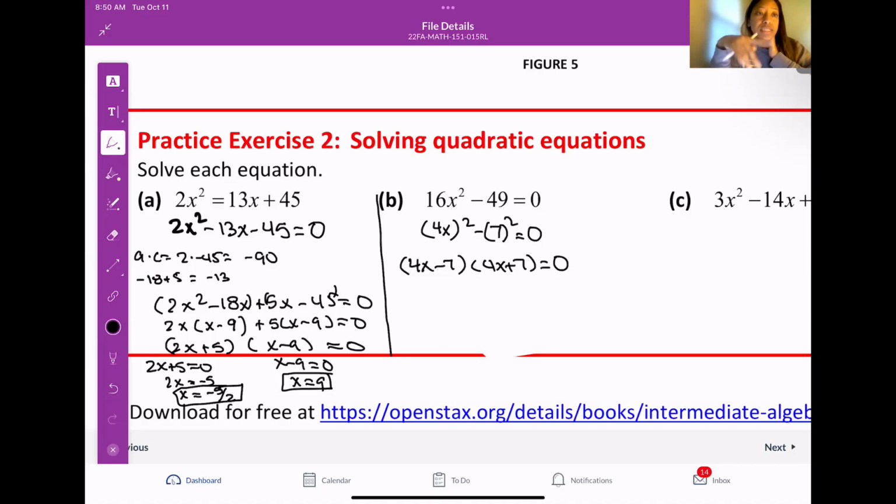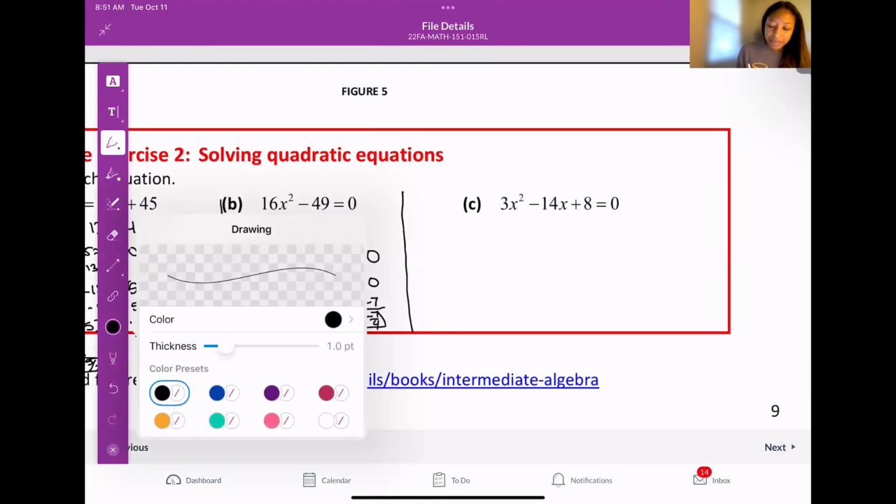And then we set each factor equal to 0 and solve. So 4x minus 7 equals 0, 4x plus 7 equals 0. And that leaves us with 4x equals 7 and x equals 7/4, and 4x equals negative 7 and x equals negative 7/4.